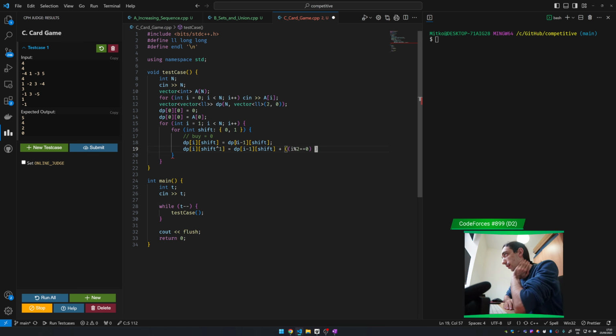This is one thing, if it's true, if I can gain this. But then this is some shifted. So this is something, some shifted. Like this, I think.